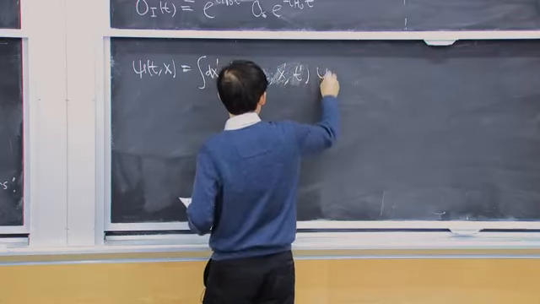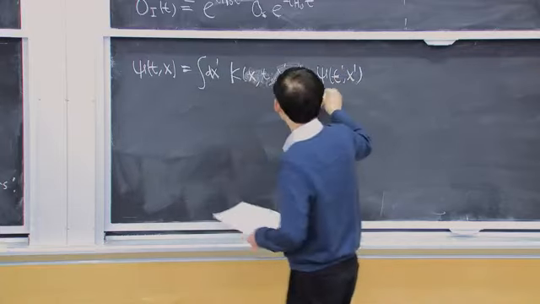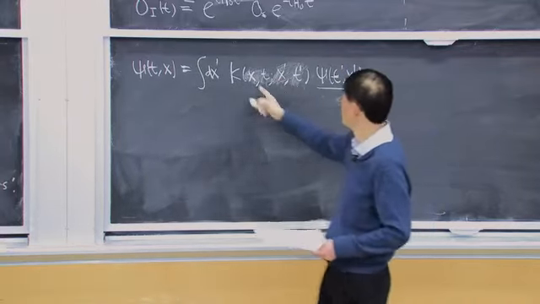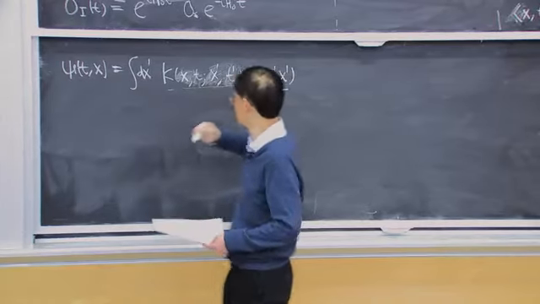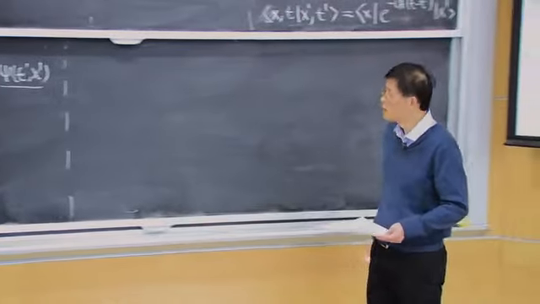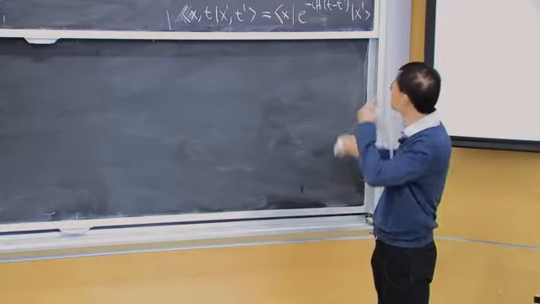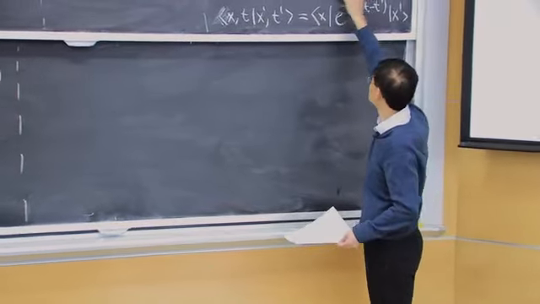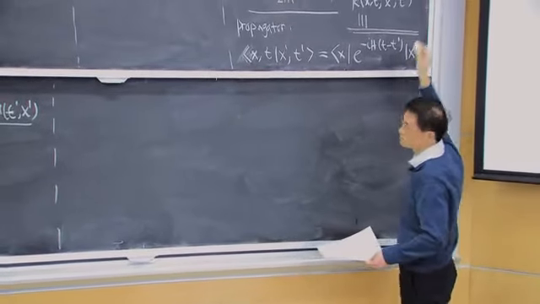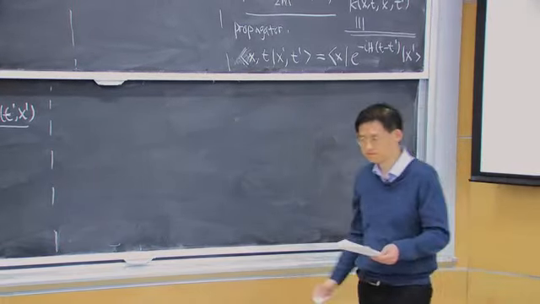So if you know the wave function at t prime, then by integrating this, you know the wave function there. So knowing this object is equivalent to solving the system. Now we will find a way to compute this object.